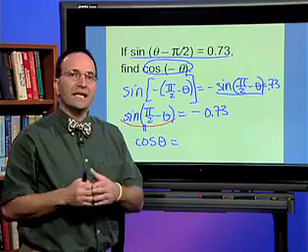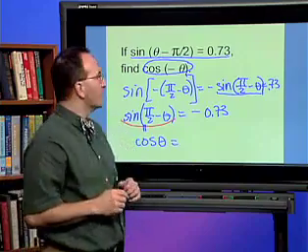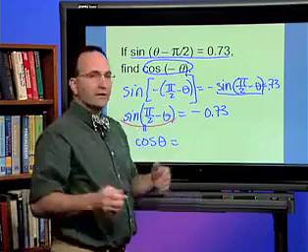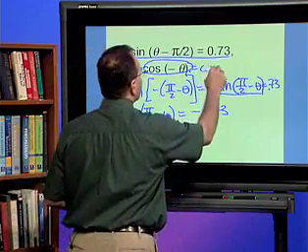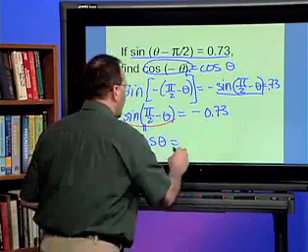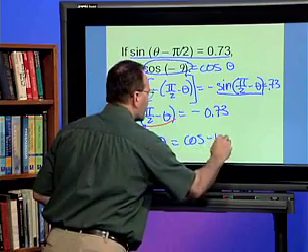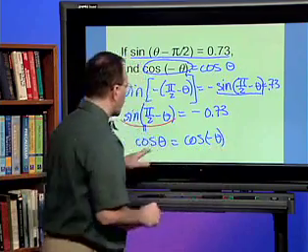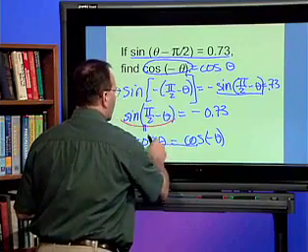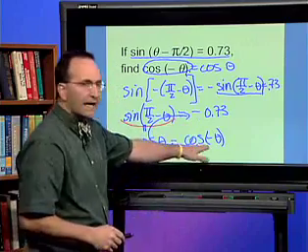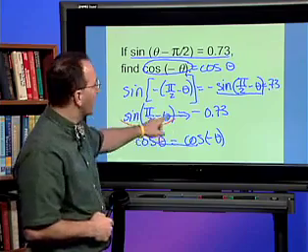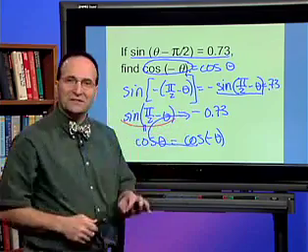But in terms of the even function identities, cosine of negative theta is equal to what? Cosine of positive theta. So therefore, the cosine of negative theta is the same as the cosine of positive theta, which means if I follow this loop back around like this, cosine negative theta equals cosine theta, which equals the sine of pi over 2 minus theta, which equals negative 0.73.